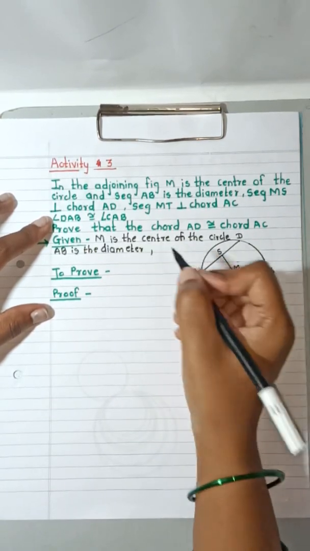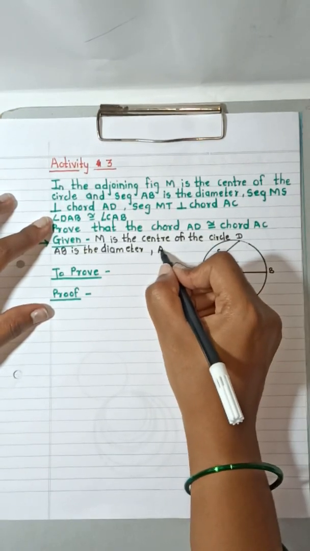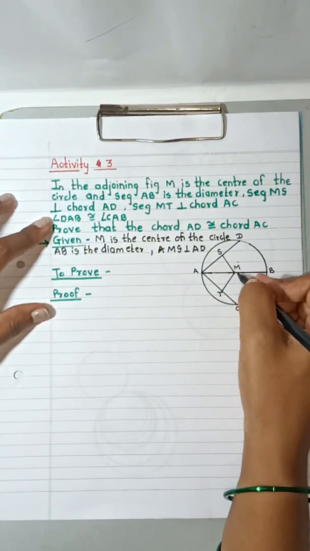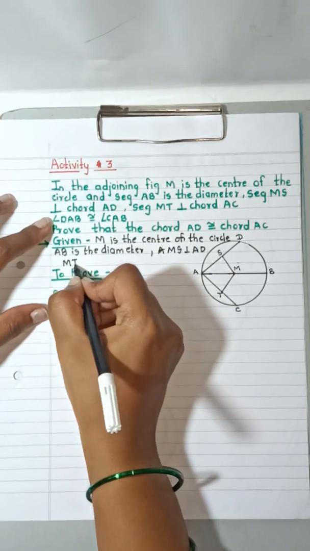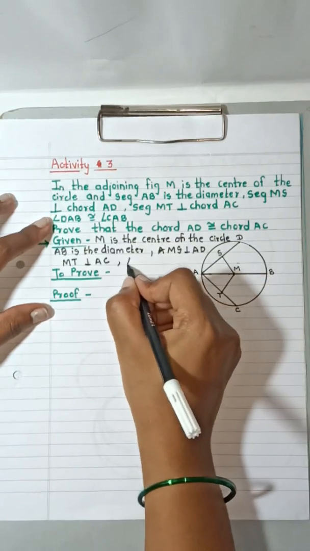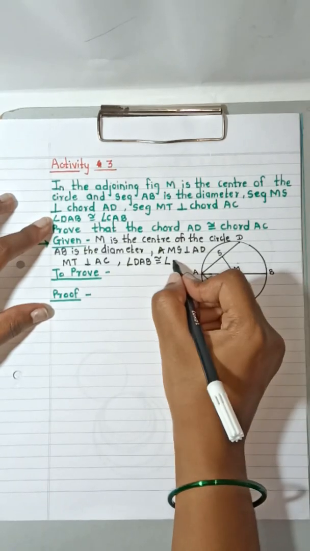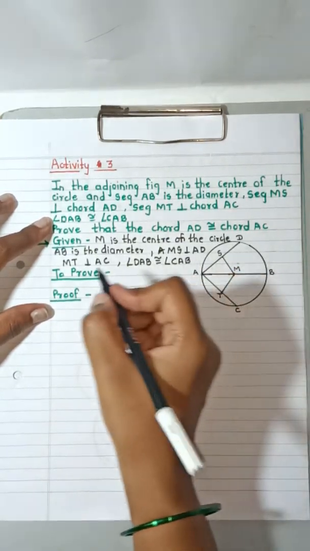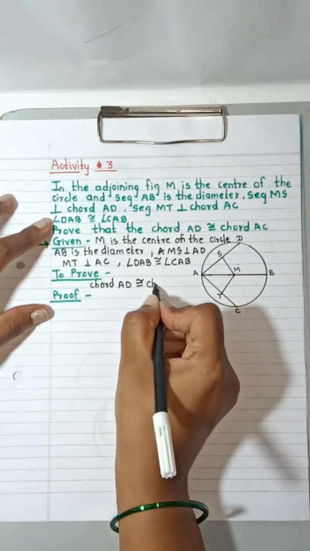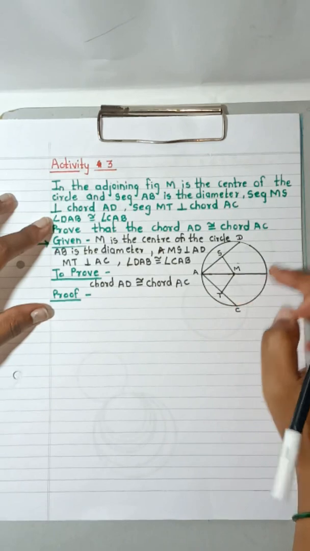MS is perpendicular to AD and MT is perpendicular to AC. They have also given that angle DAB is congruent to angle CAB. What do you have to prove? You have to prove that chord AD is congruent to chord AC.